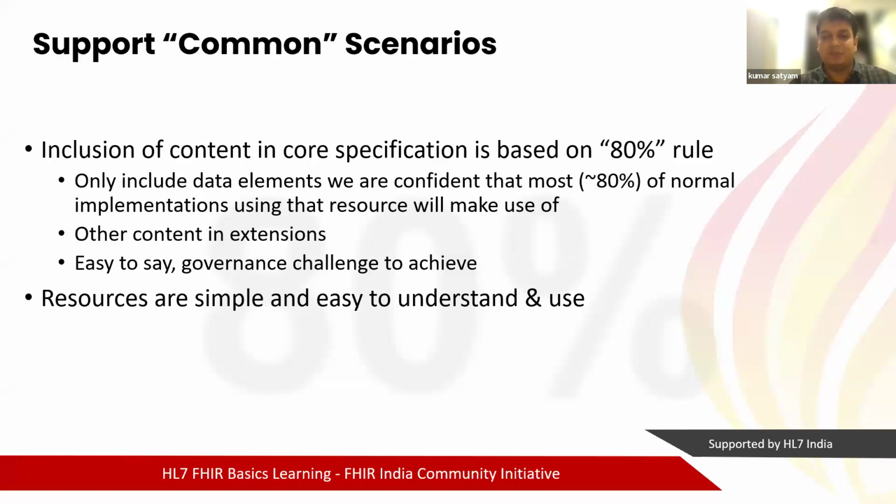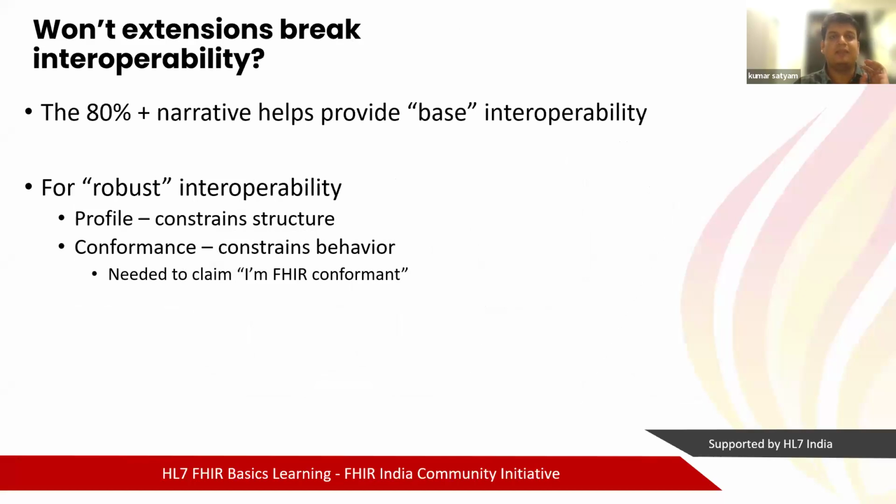If something is widely adopted, widely used, that will find a place in the core specification. Anything else which is very corner, which is specific to your use case, FHIR will provide a method of adding those by extensions. What does this mean? This makes your FHIR core resources very, very simple and easy to understand.